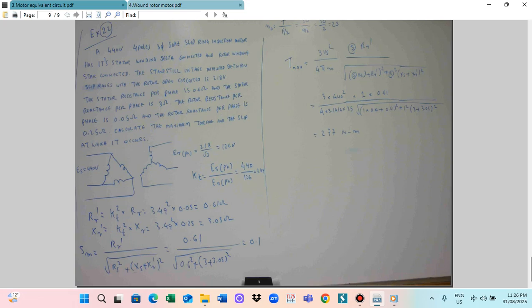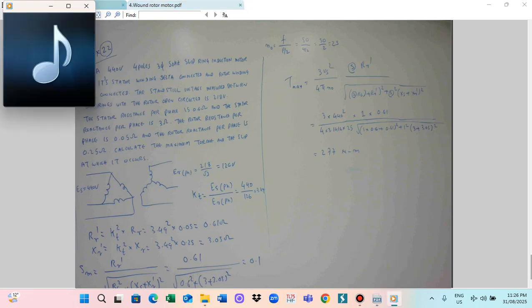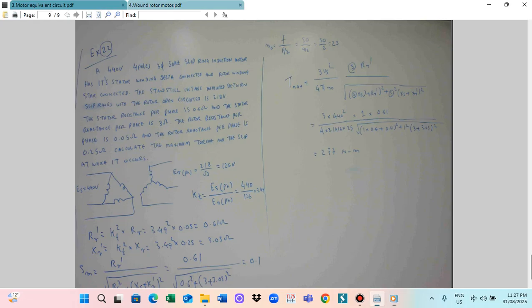And similarly XR dash. That will be KT square multiply XR. So that will be 3.49 square multiply 0.25, so that will be 3.05. And we also saw the slip at the maximum torque, the formula is R dash divided by square root of RS square plus XS plus XR dash square.